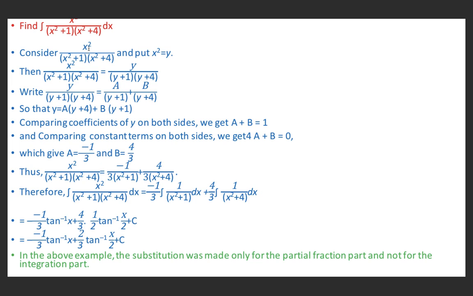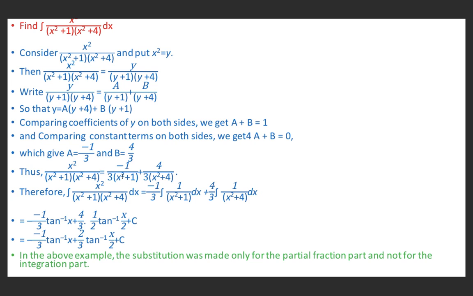So we can write this given rational function x square upon (x square plus 1)(x square plus 4) as a, which is minus 1 upon 3, into 1 upon (x square plus 1), plus b, which is 4 upon 3, into 1 upon (x square plus 4). I have substituted the value of y because y is nothing but x square.